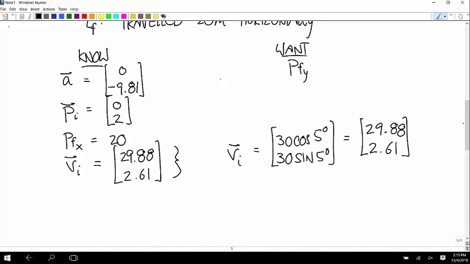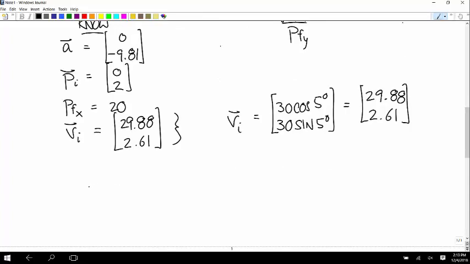Yes? You can't use, okay, that was something that I saw a few times too. So let's talk about that for a second. So PFY is equal to PIY plus VIY TF plus 1/2 AY TF squared.